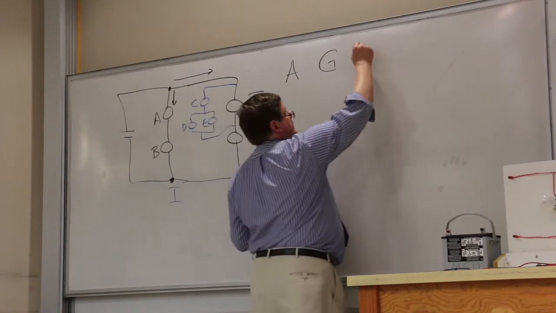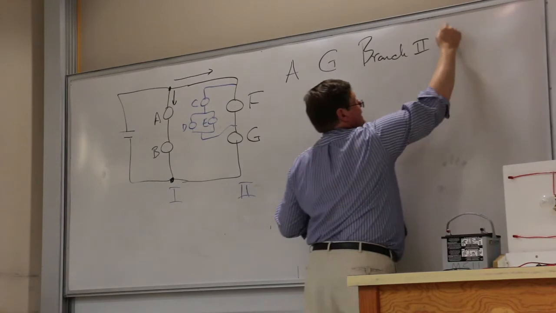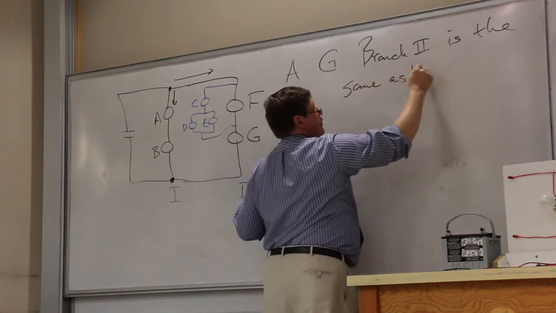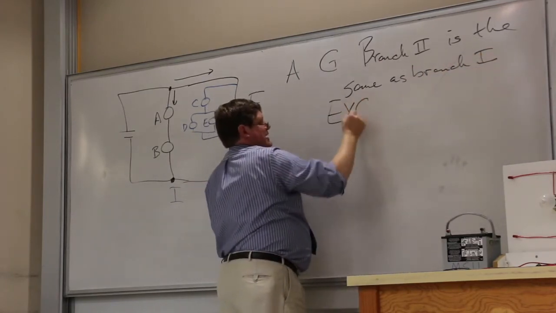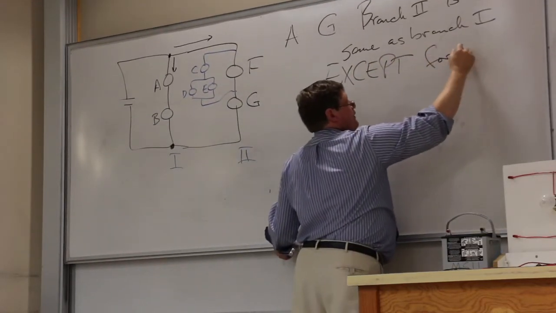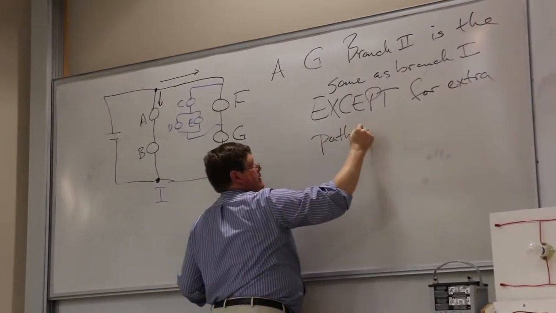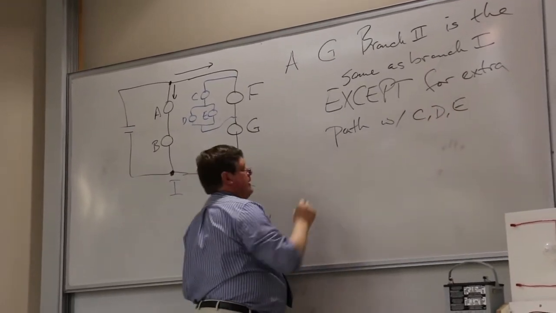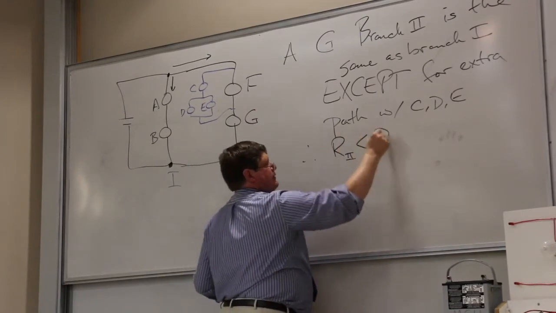I would say, branch 2 is the same as branch 1, except for the extra path with C, D, and E. Therefore, the resistance of 2 is less than the resistance of 1.